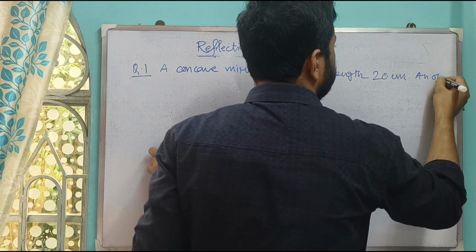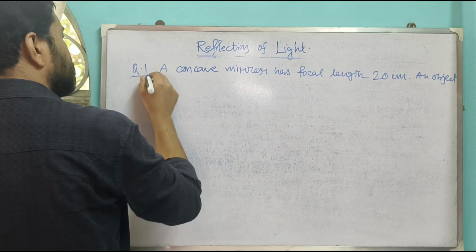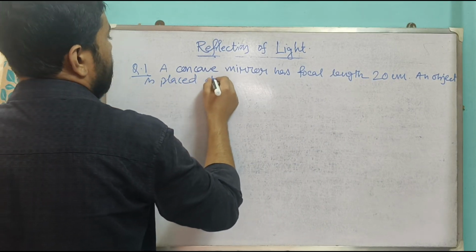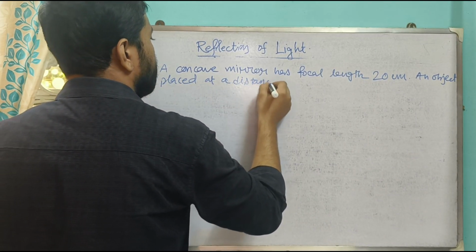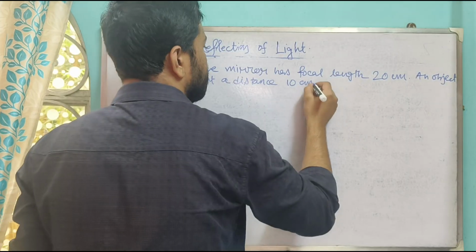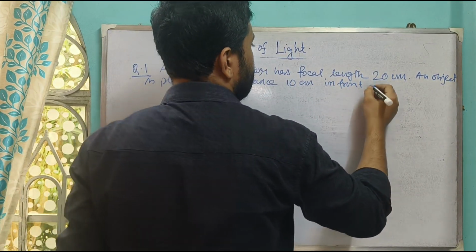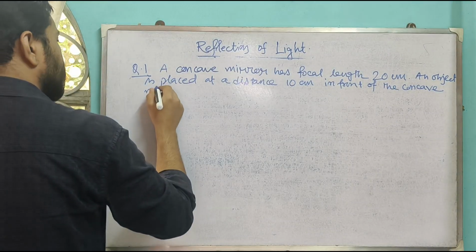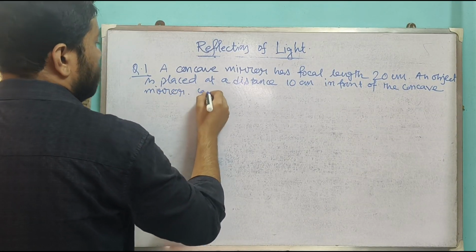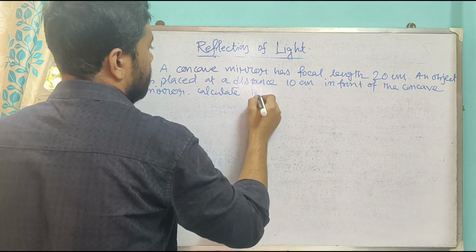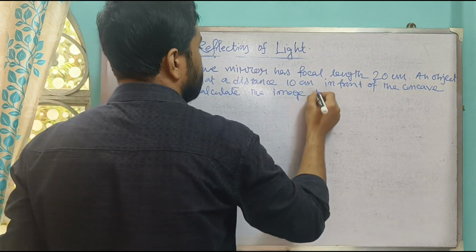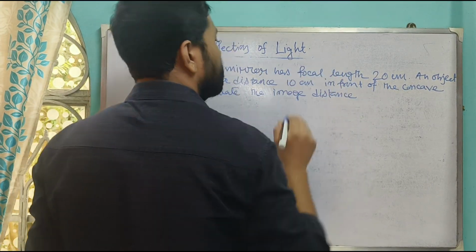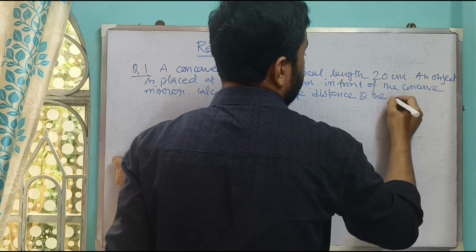An object is placed at a distance of 10 centimeter in front of the concave mirror. Now calculate the image distance and the magnification.